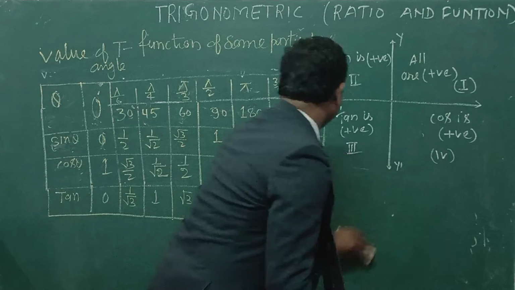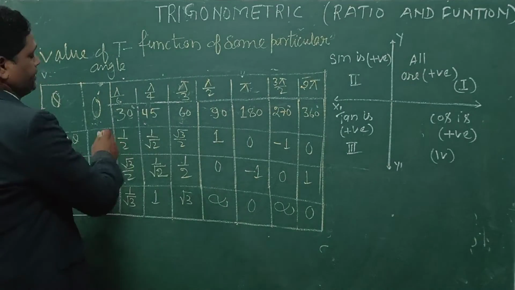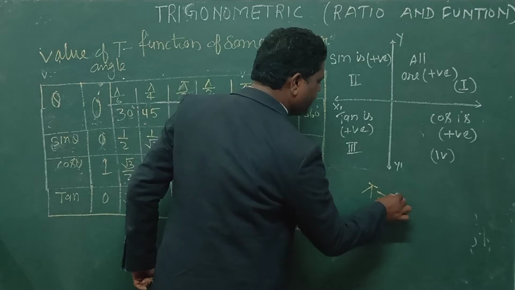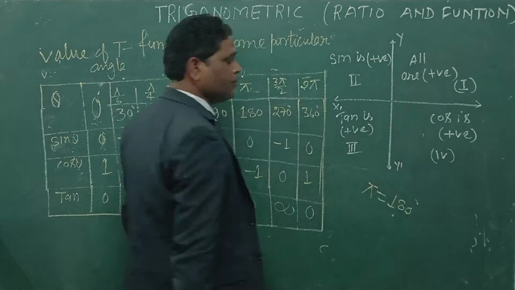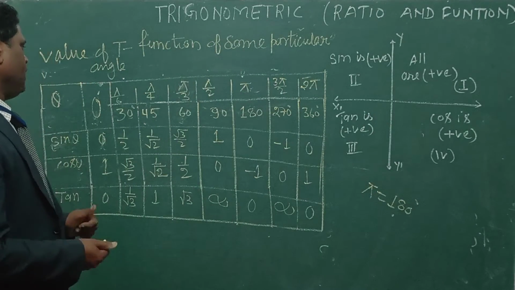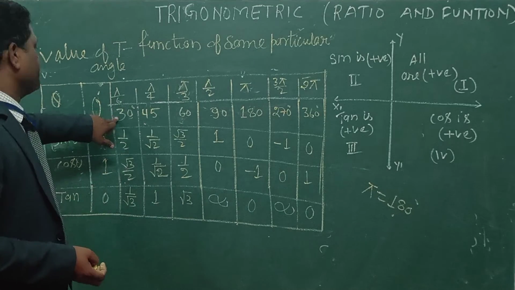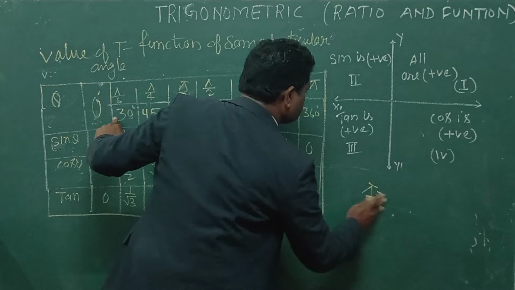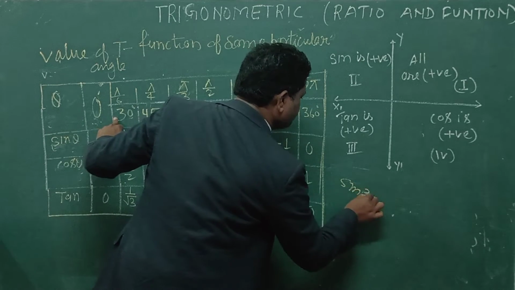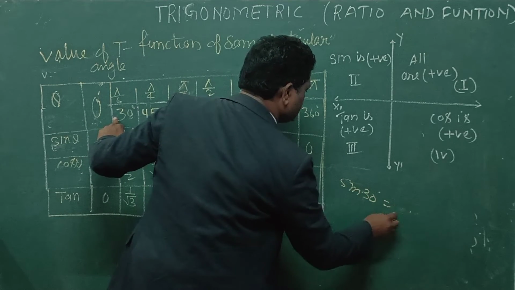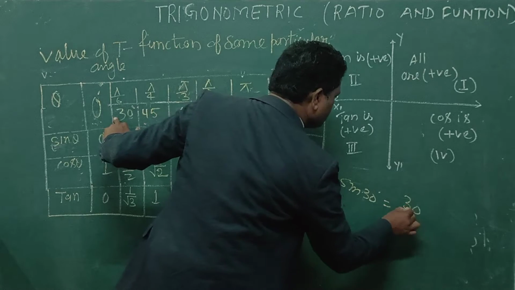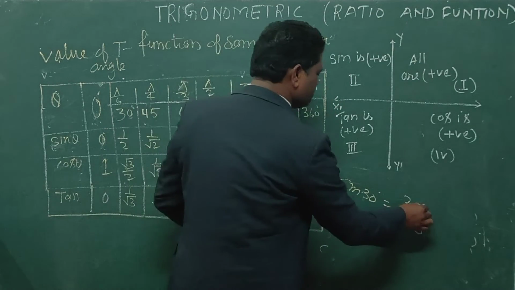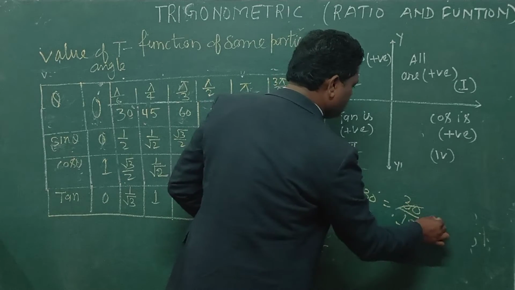And we know that pi equals 180 degree. So sin 30 degree is 30 by 180, which is 1 by 6, so pi by 6.